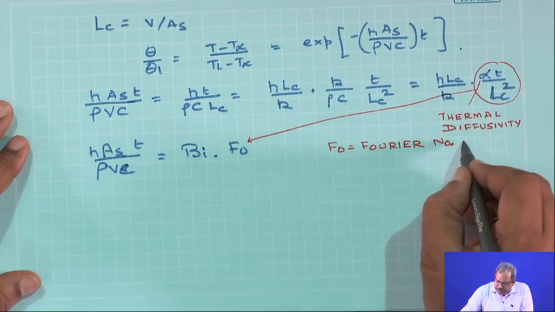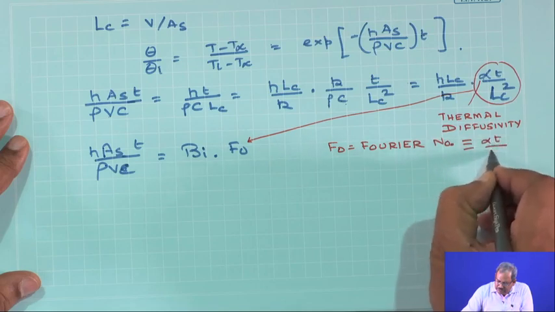This Fourier number is defined as alpha T by L C square.